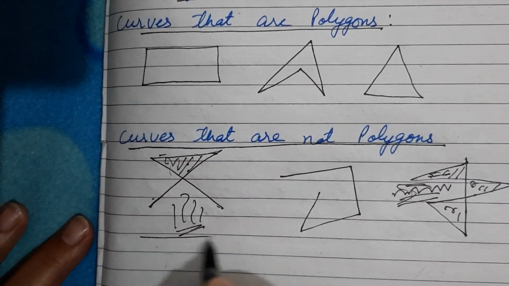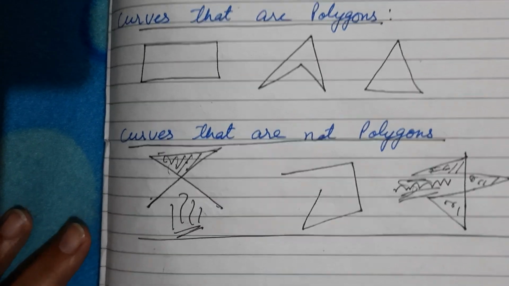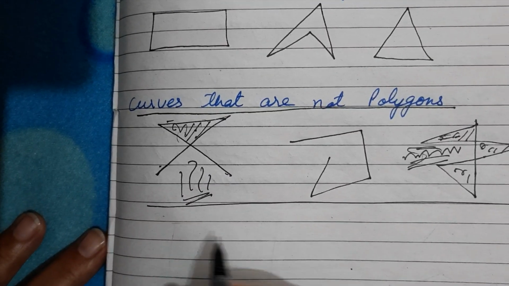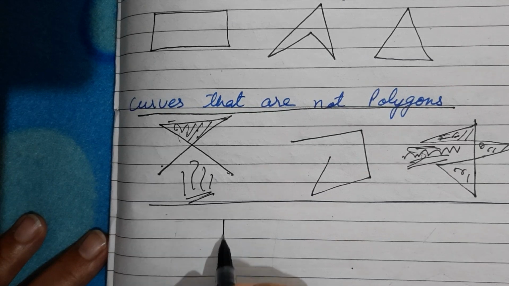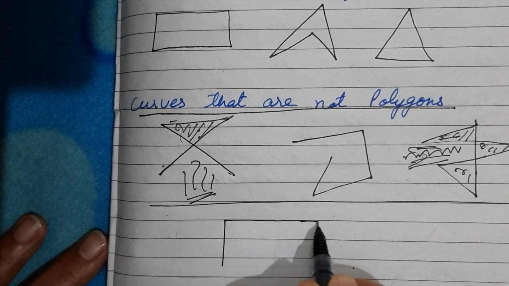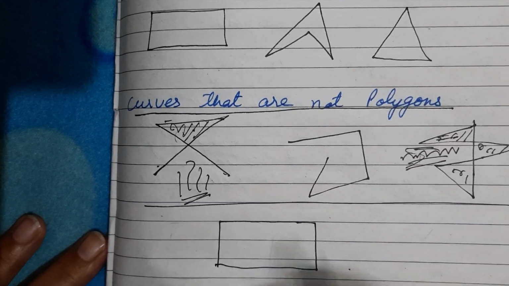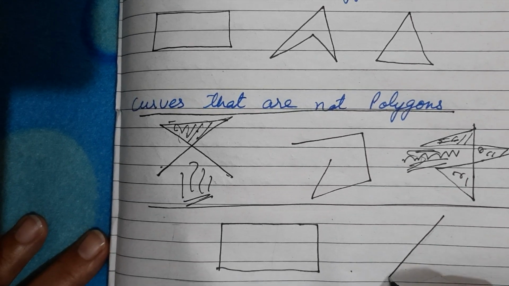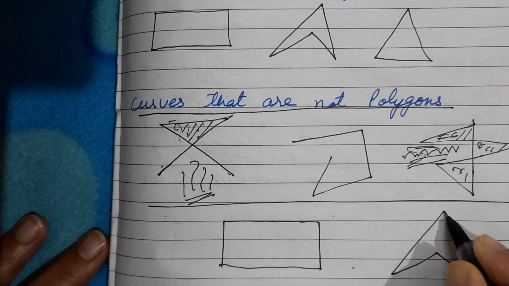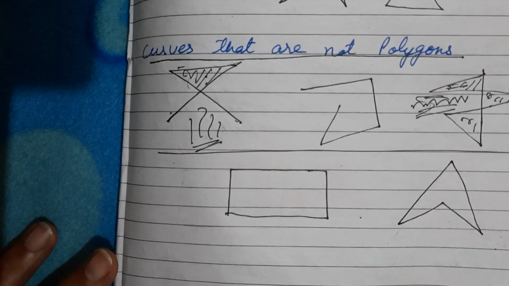Okay, now children, I am drawing here two different polygons. One is this and the other is this type. They both are polygons.